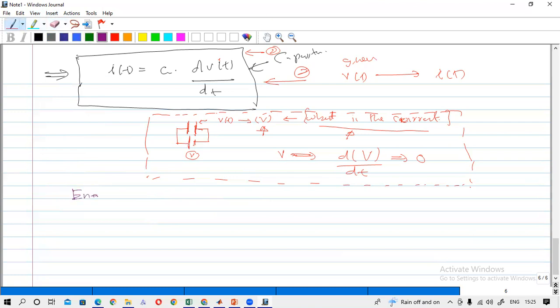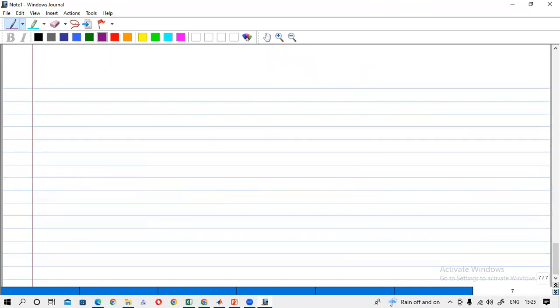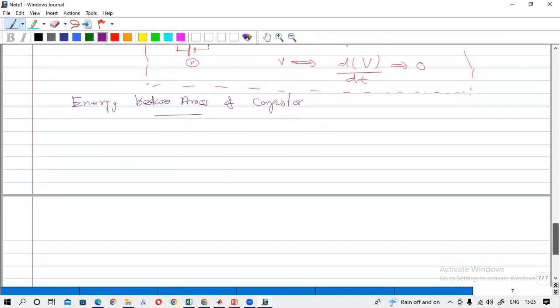So, energy of the capacitor. If the resistor is there, and you connect the voltage across the resistor, you know that when the voltage is increasing, the current I is increasing in this way.